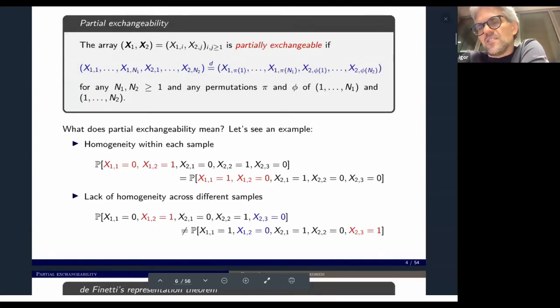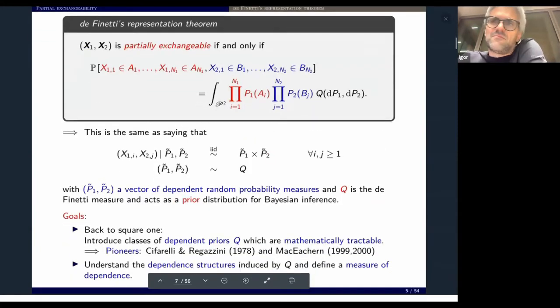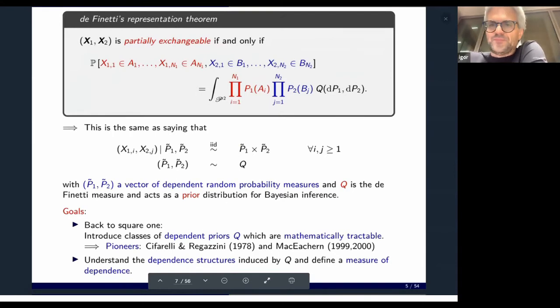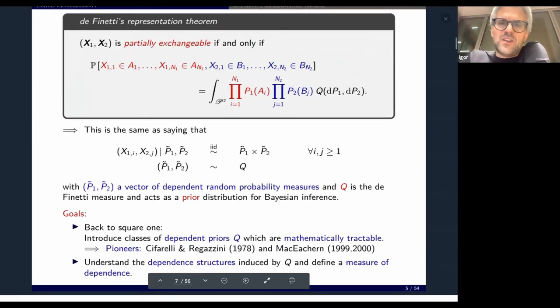Thankfully, and it's not a big generalization given the whole context, we also have a representation theorem in this case. The representation theorem tells me that if I have the two samples, then I can always represent that in integral form with respect to a de Finetti measure Q, which now lives on a two-dimensional space, the two-dimensional space of probability measures.